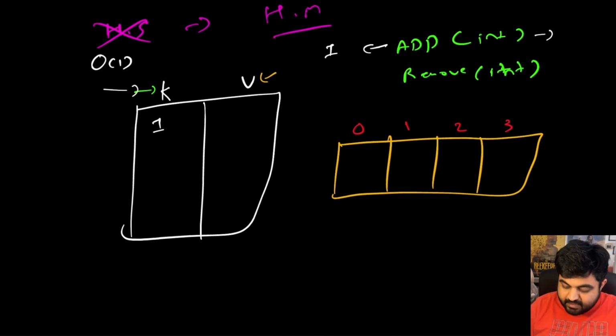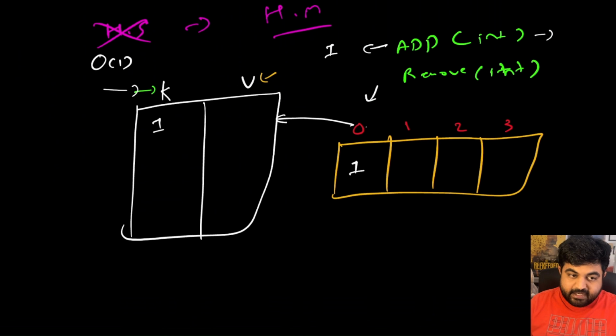At the same time I add 1 in the very last position of the array list that we have created. Now currently this array list is empty, so the very last position is also going to be index value number 0. So I'm going to store 1 over here, and whatever the index value is, that is going to be the size of the array list, and that index value I'm going to store as the value for our hash map. So this is going to be value number 0.